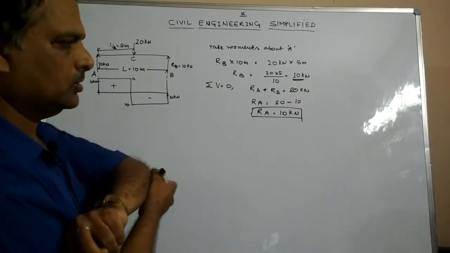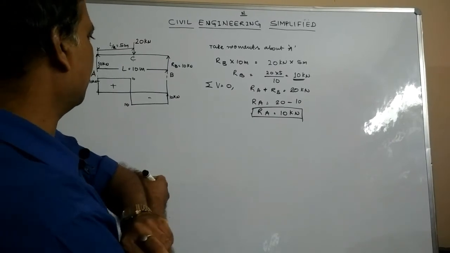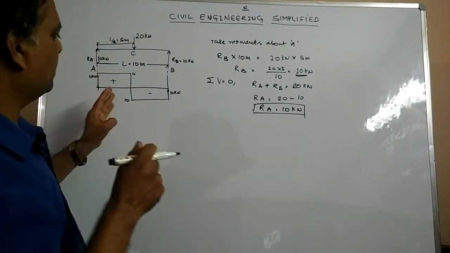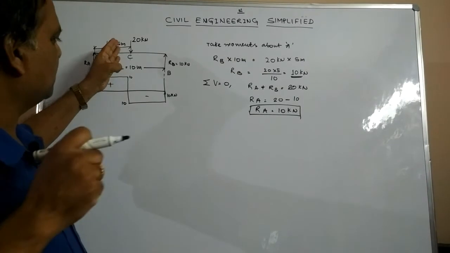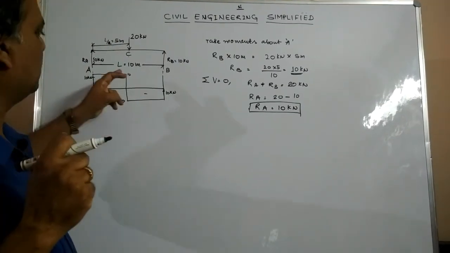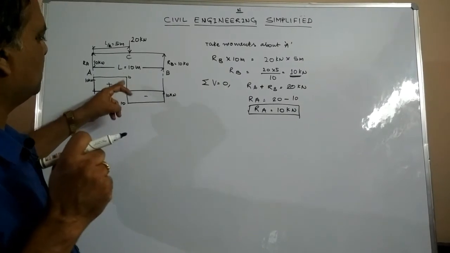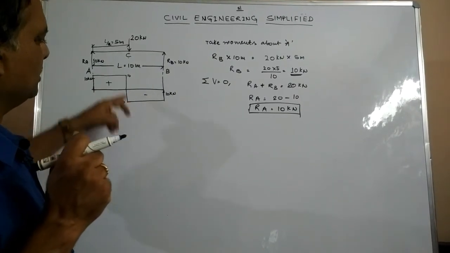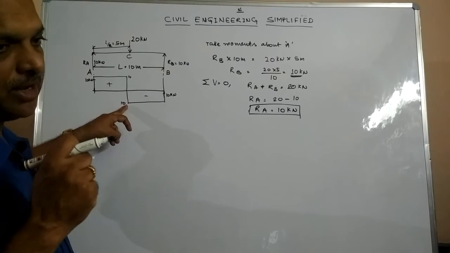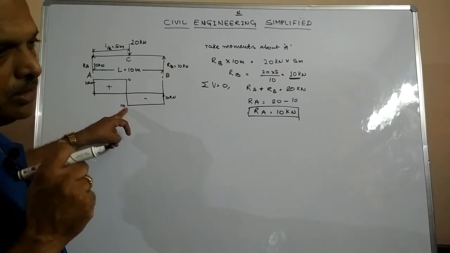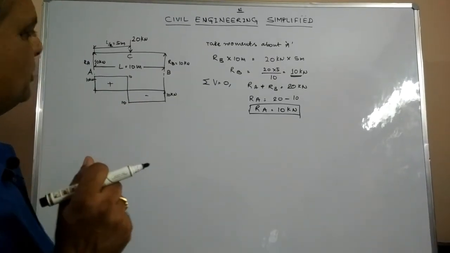Usually, as you all know, in mechanics, the bending moment is maximum where the shear force changes its sign. Here, below the load, the plus sign of the shear force diagram changes into minus. Hence, it is obvious that the maximum bending moment occurs under the load where the shear force is changing its sign.